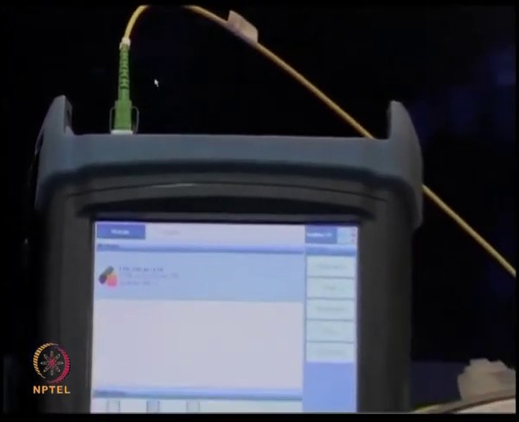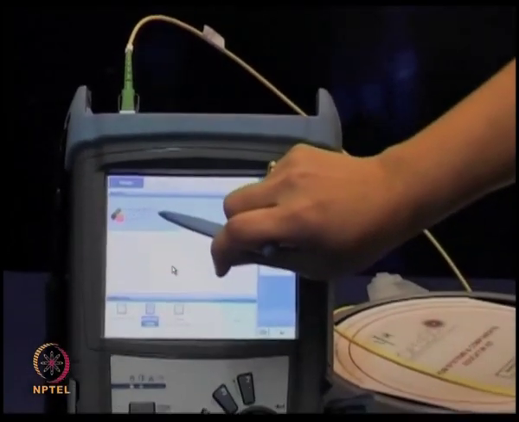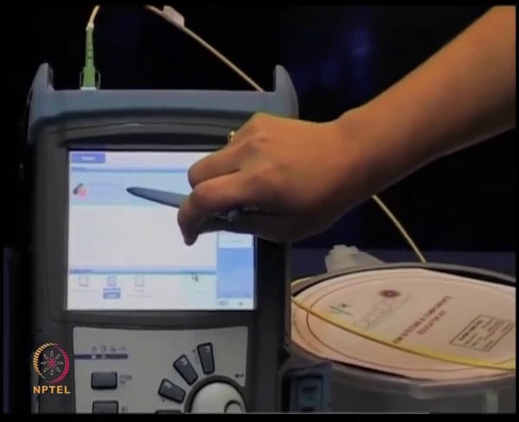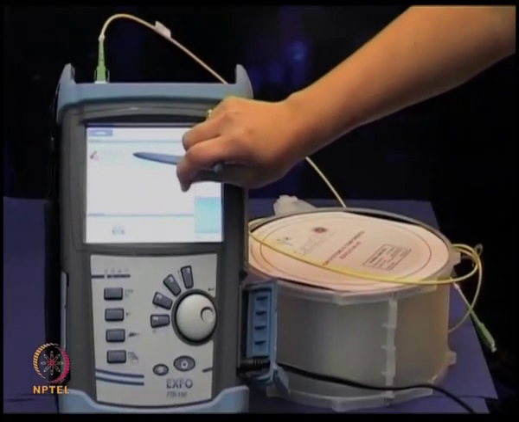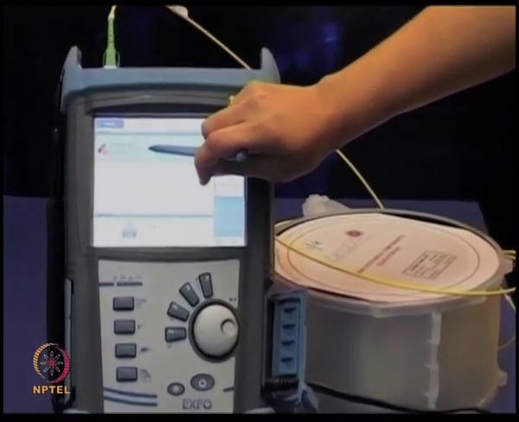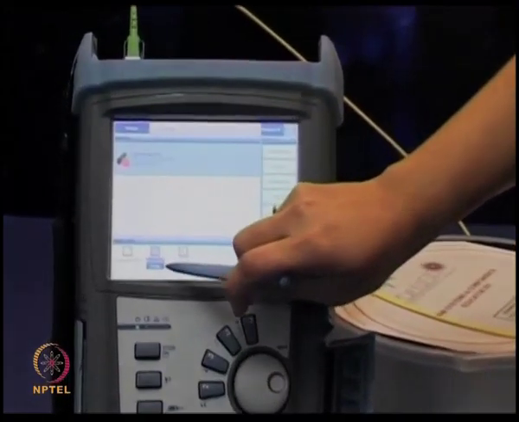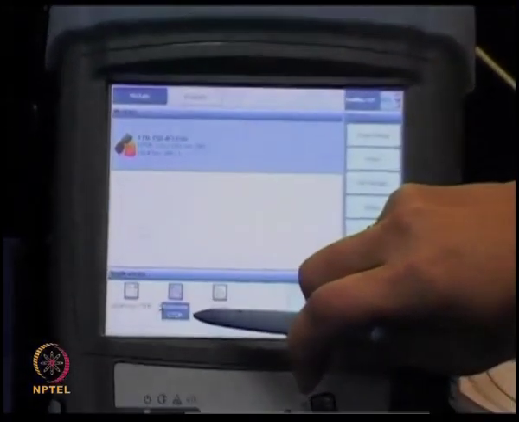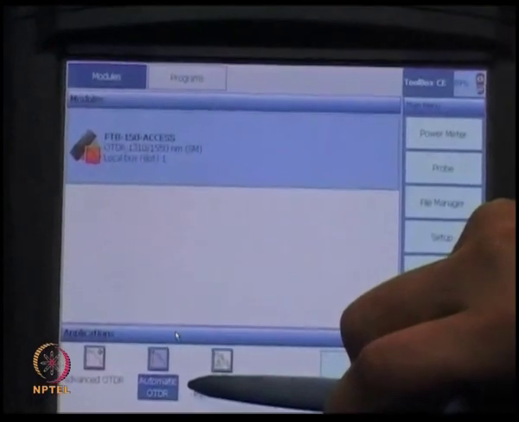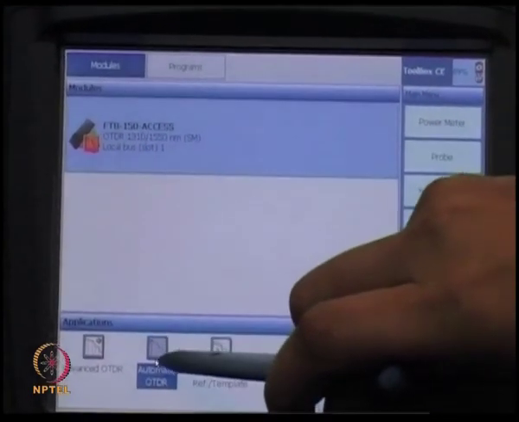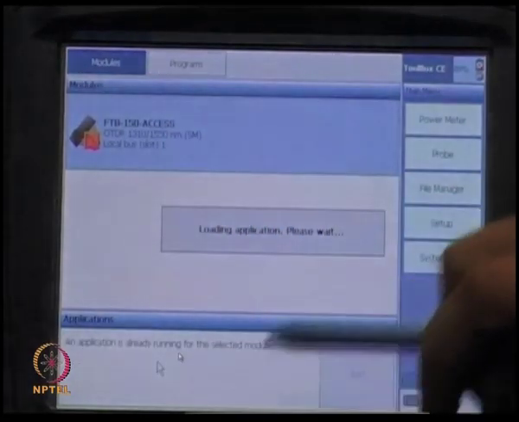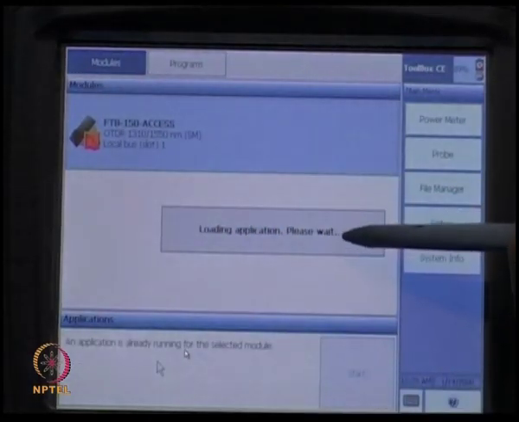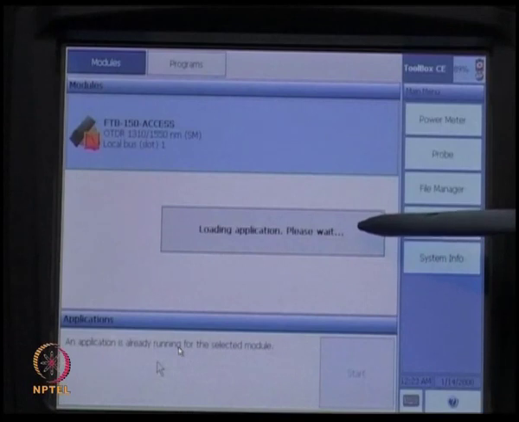So, now the fiber is connected to OTDR. And now we can start the OTDR mode.